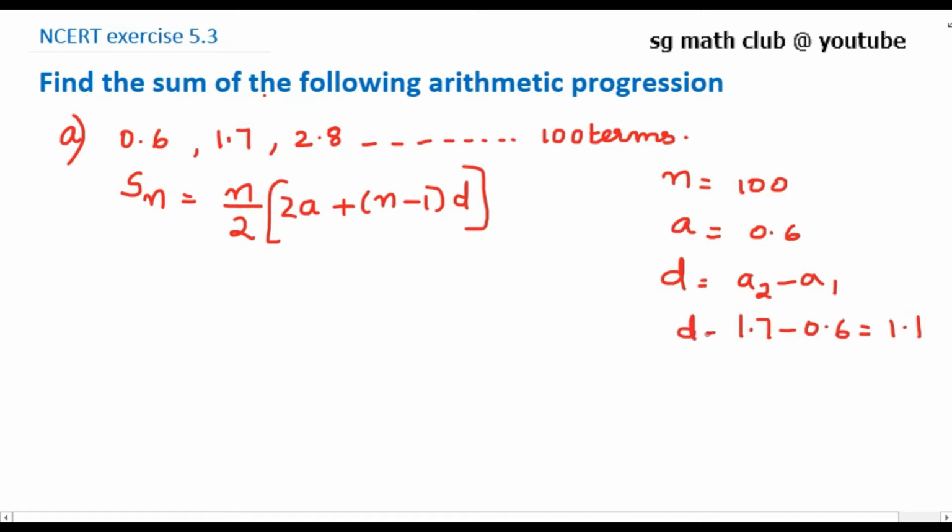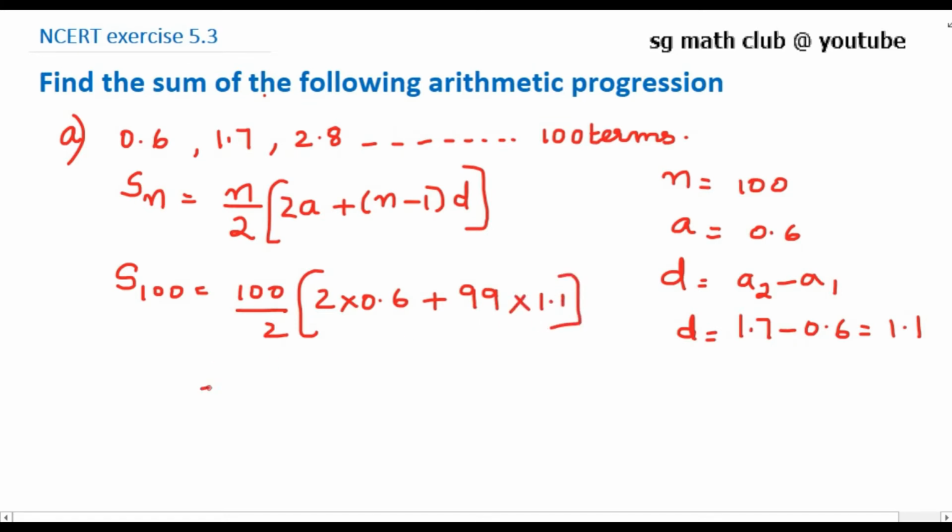So d is 1.1. Now we substitute: S100 = 100/2 × (2 × 0.6 + 99 × 1.1), since 100 minus 1 is 99. This equals 50 × (1.2 + 108.9). 99 into 1.1 is 108.9.